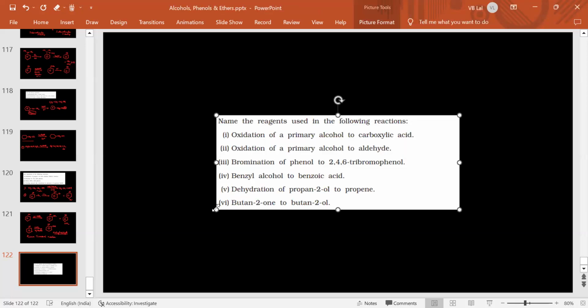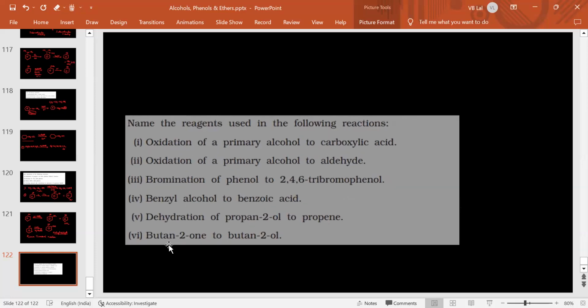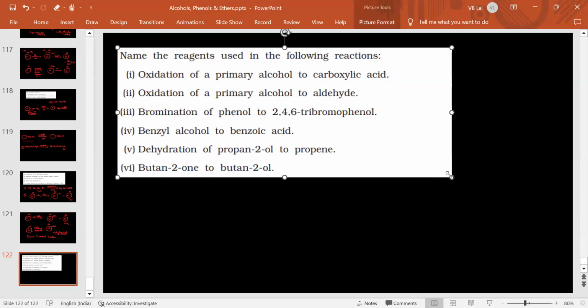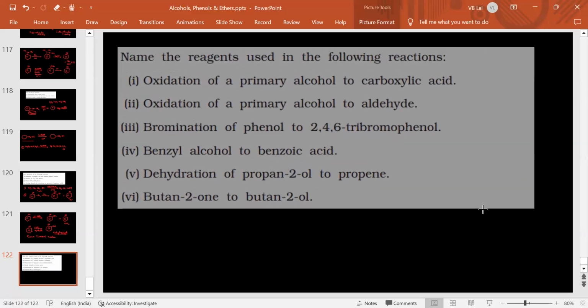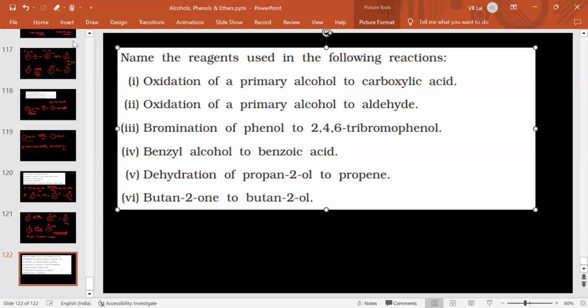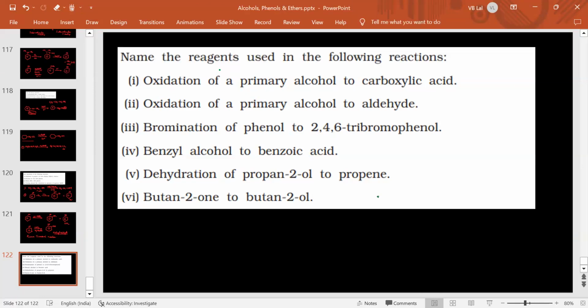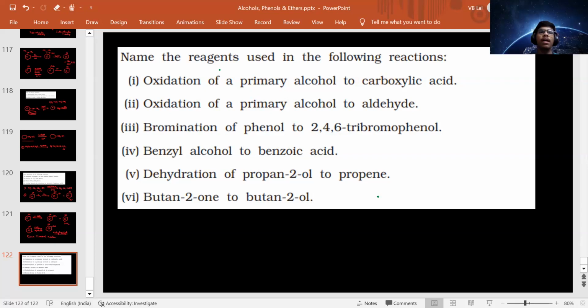So one by one, all of you have to answer this. You have to name the reagents used in the following reactions. You have to tell me the name of the reagent. Which reagent will give me the product? Oxidation of primary alcohol to carboxylic acid. Ma'am, alkaline aqueous KMnO4, ma'am.